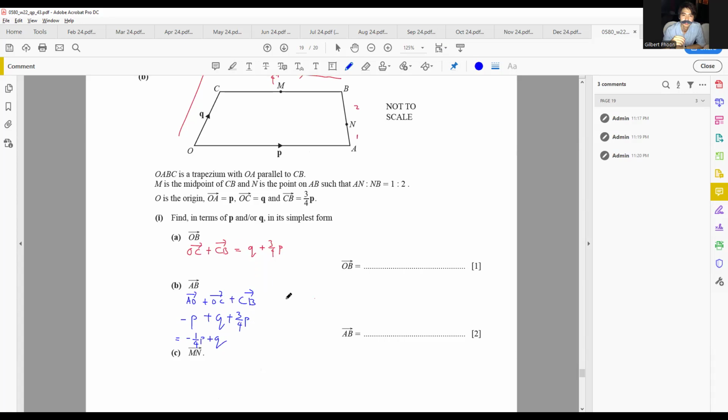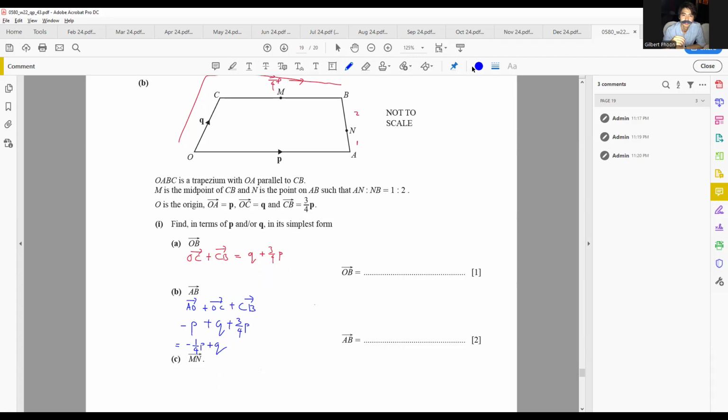Next part of the question, MN. MN, using the same logic that we were doing earlier, is actually, okay, because we have AB, we have to take this path here, here, then here.